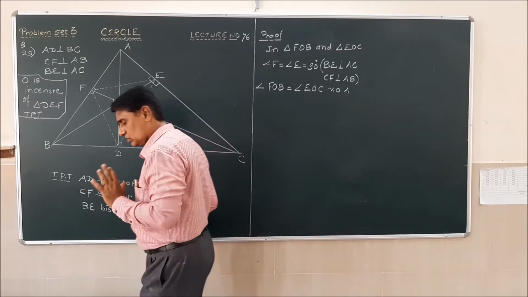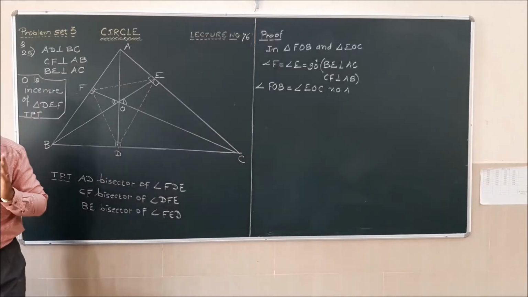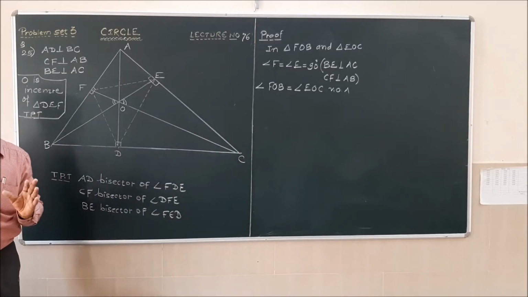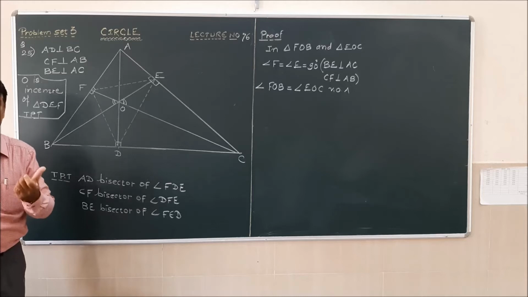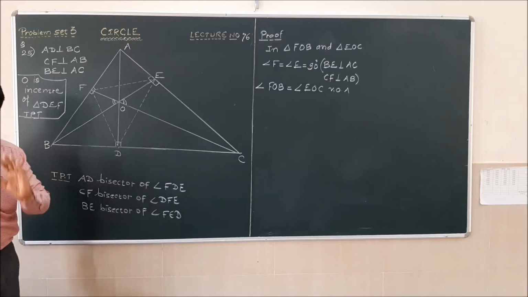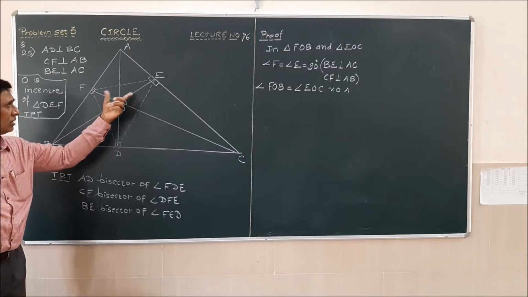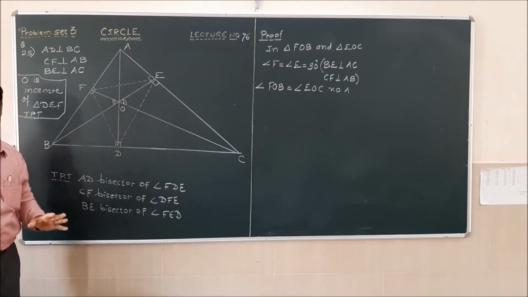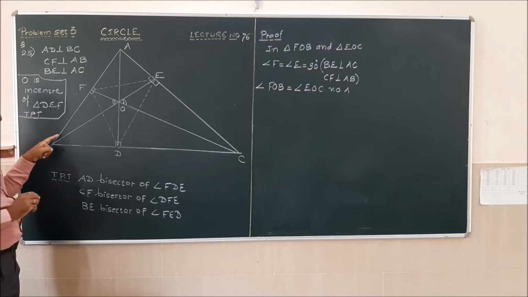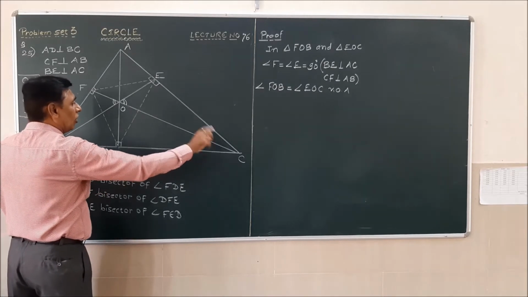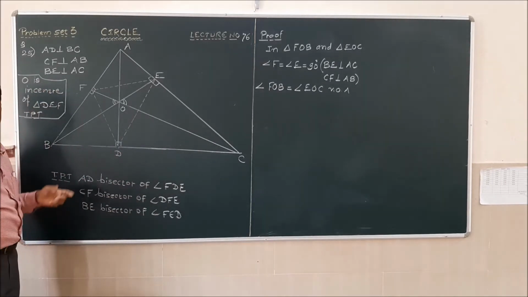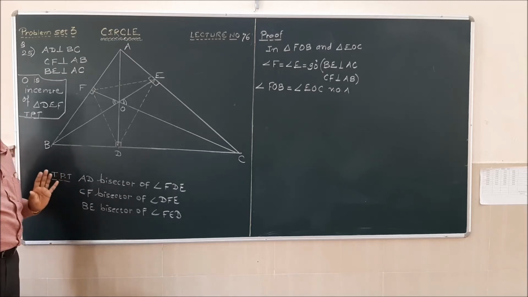So now I am going to use a theorem: if two angles of two triangles are congruent, then the remaining third pair of angles are also congruent. I repeat, if two angles of two triangles are congruent, then the remaining third pair of angles of the triangles are also congruent.